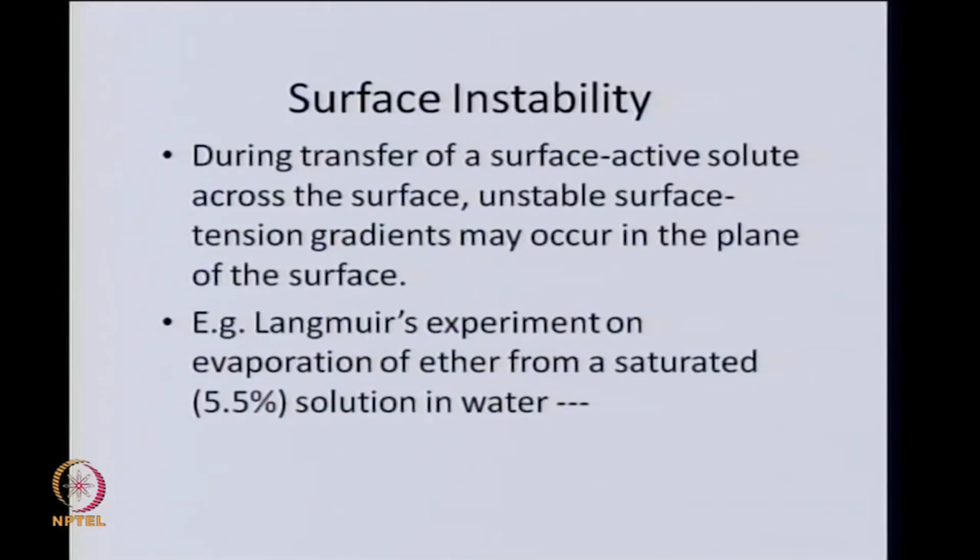We already have talked a little bit about the surface instability, that is, if at interfaces we have surface active solute at non-uniform concentration, it could create unstable surface tension gradients and therefore lead to movement within the surface on account of those surface concentration gradients.